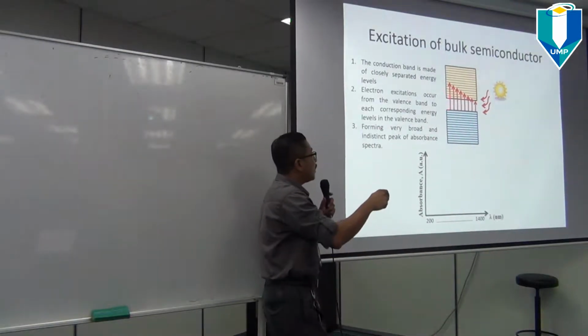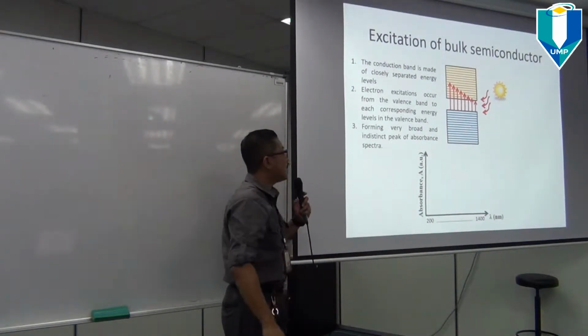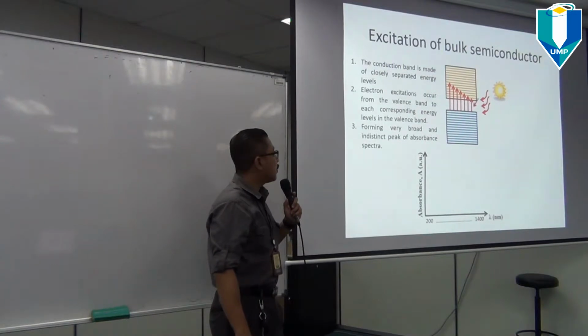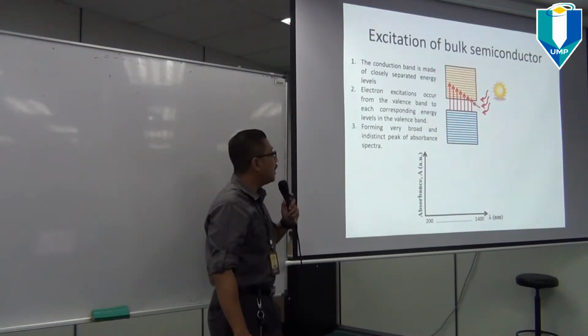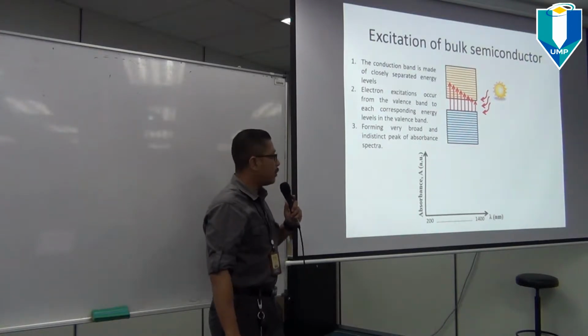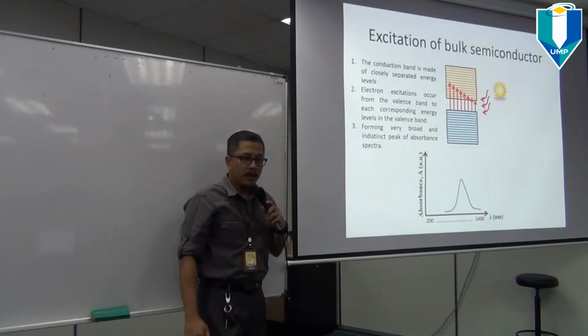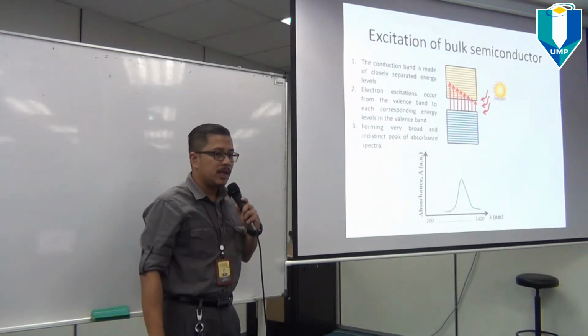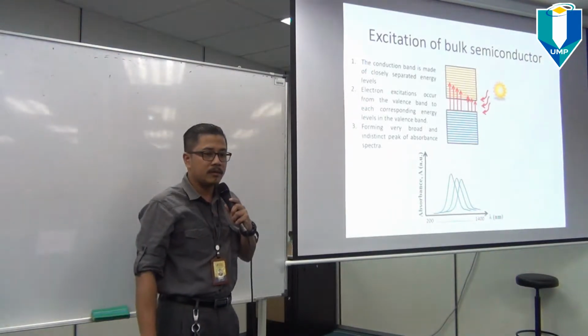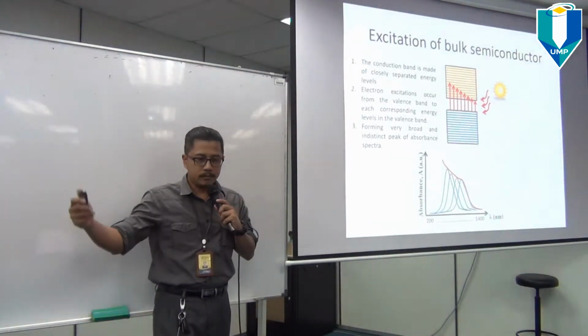Cumulatively, if we combine all of the excitations, we get a very broad peak. Excitation number 1 will give you this peak. The second excitation will give us this peak. The next excitation will be like this, and so on and so forth.